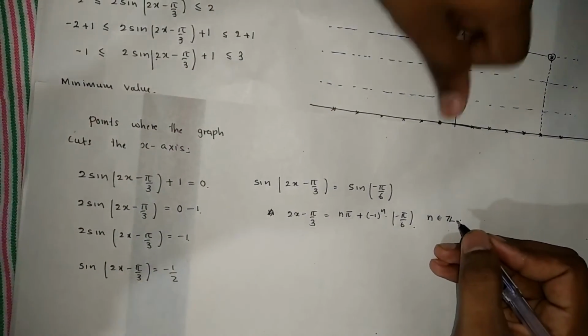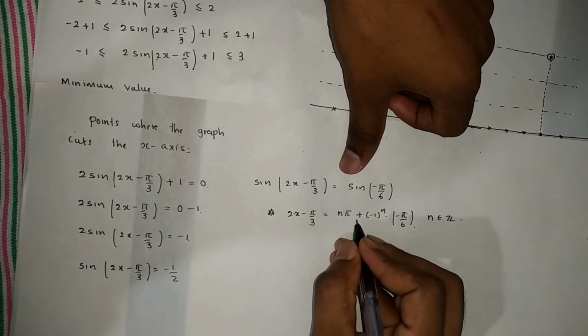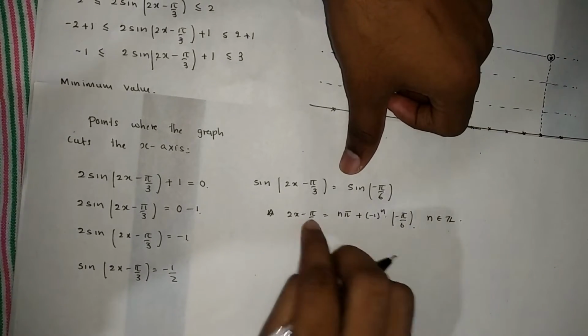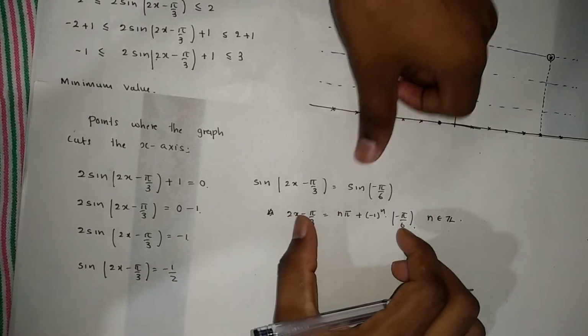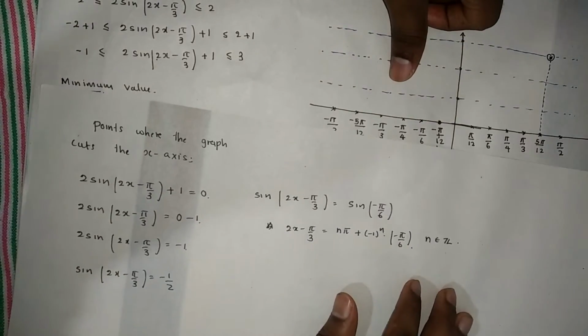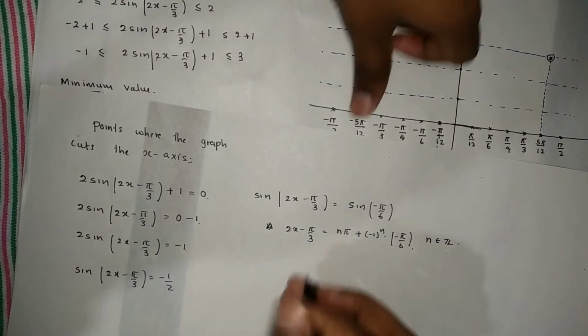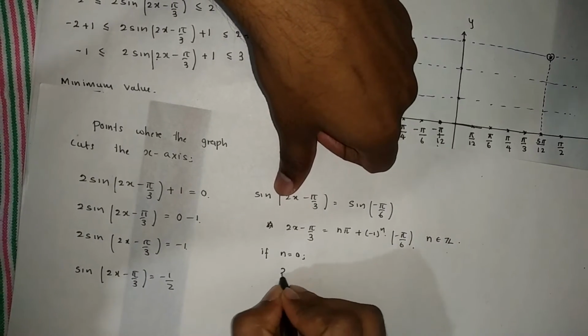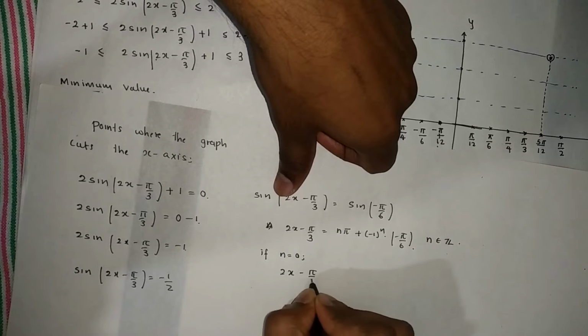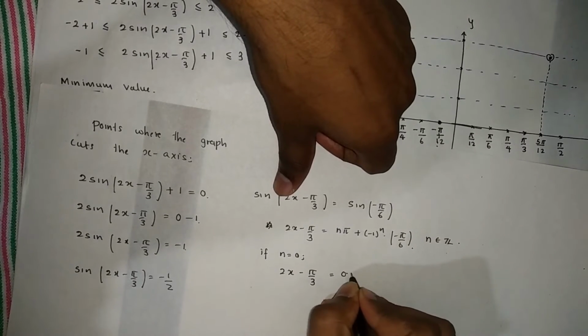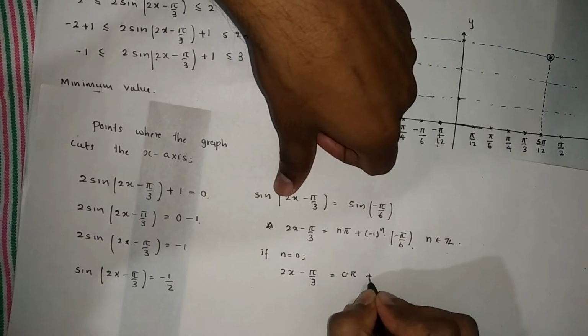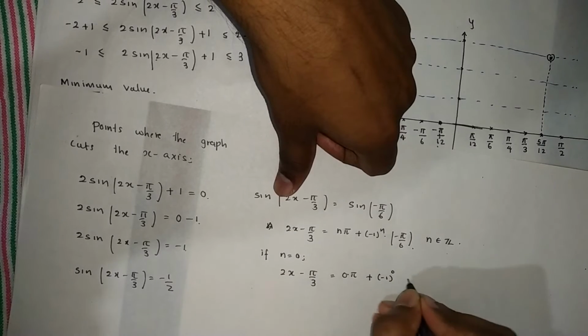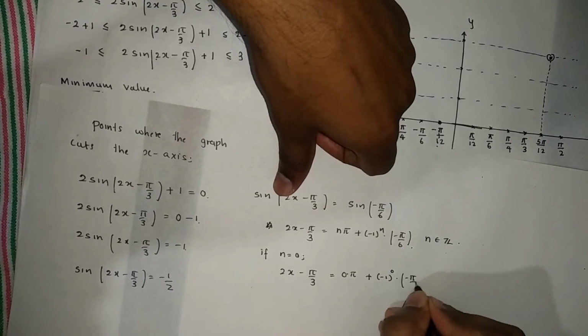If you substitute n equal to 0, it's a point between minus pi by 2 and plus pi by 2. Then you will have 2x minus pi by 3 is equal to 0 times pi, which is 0, plus minus 1 to the power of 0 times negative pi by 6.